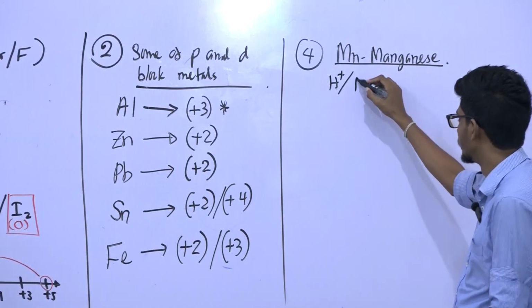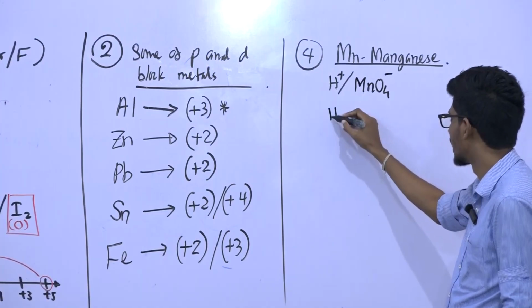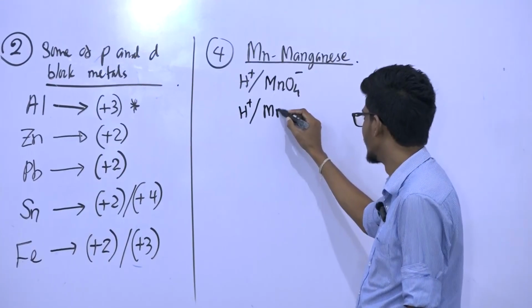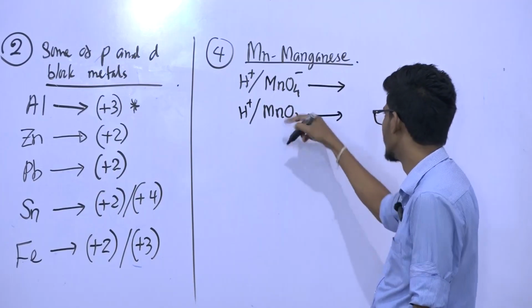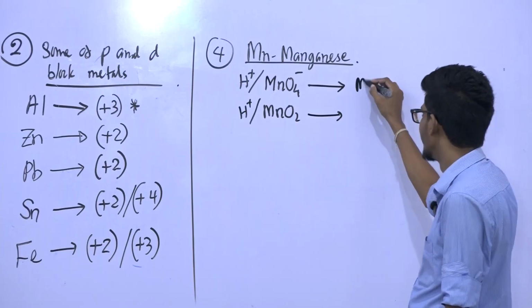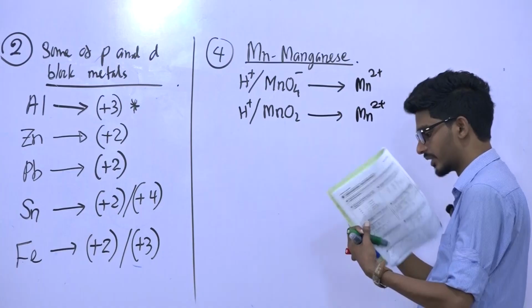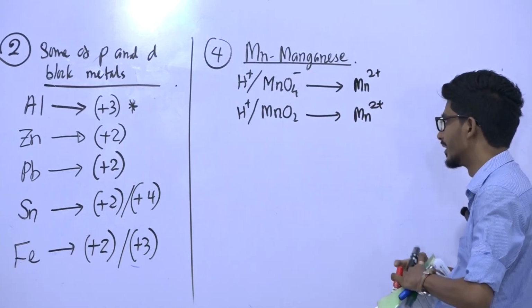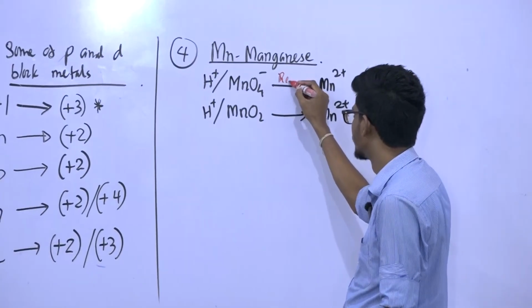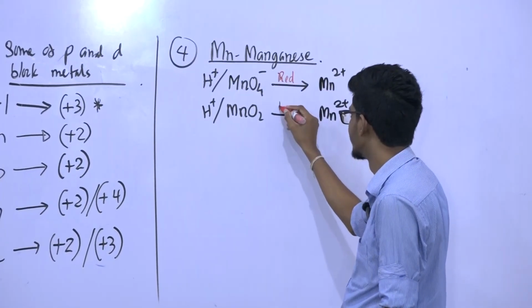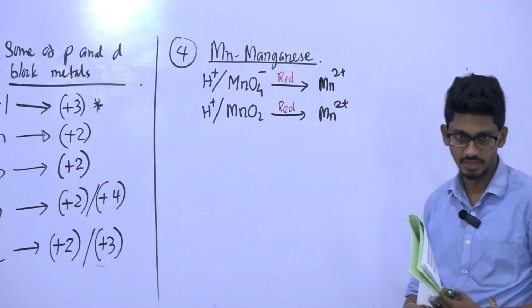You may start with MnO4 minus, permanganate, or you may start with MnO2. But if you are dealing with an acidic medium, the manganese-containing species will always reduce to Mn2 plus. No other product will form from manganese in acidic medium. That is how manganese-containing species behave in redox reactions in acidic mediums, right?